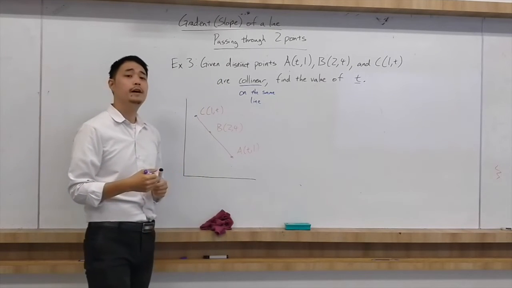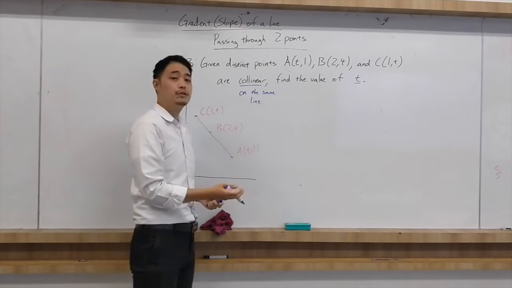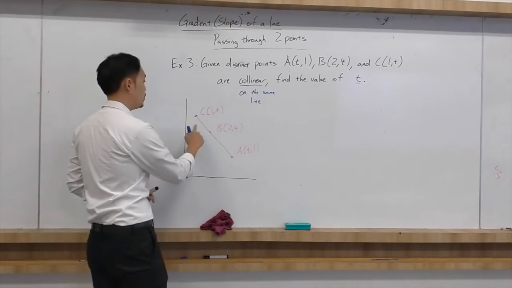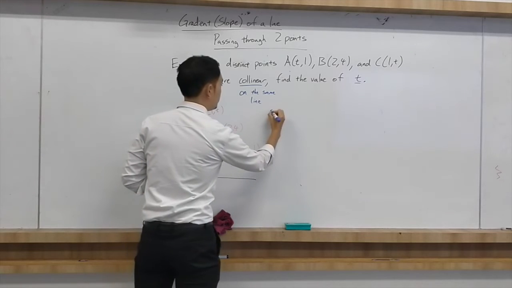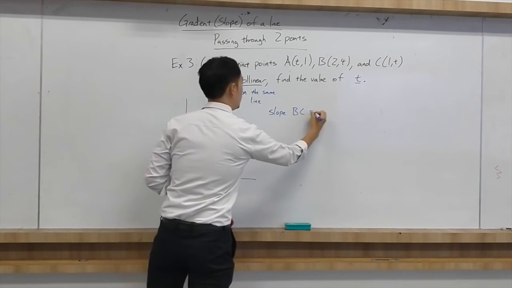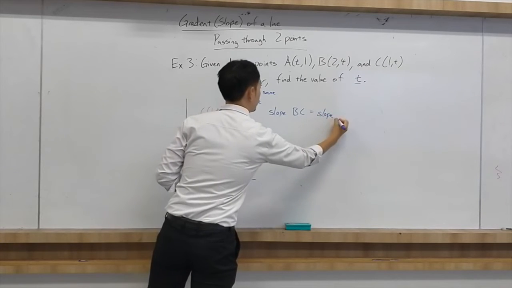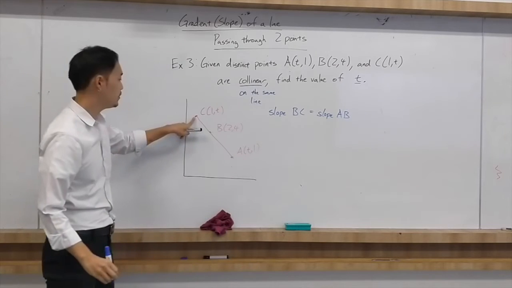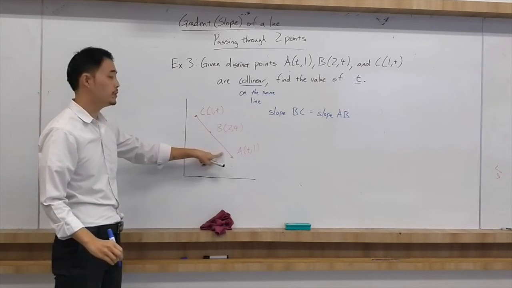So in order to find the value of T, we have to take advantage of the principle slope of a line passing through 2 points. And what we know is that the slope from B to C has to equal the slope from A to B. Right? The slope from here to here is the same as the slope from here to here.